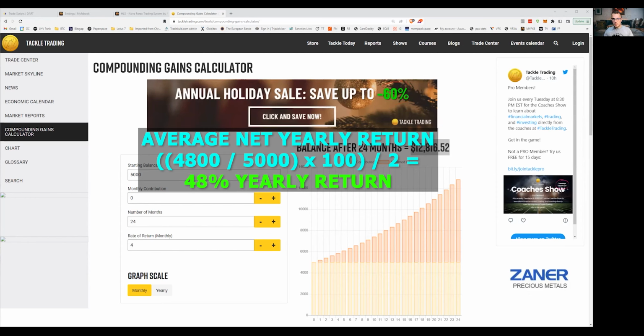Because I want to see what the average per year is, I have to divide this number by 2. Yearly return on a 2-year program like this, everything, let's say, staying constant, this is just an exercise. The rate of return is around 48% in a year.